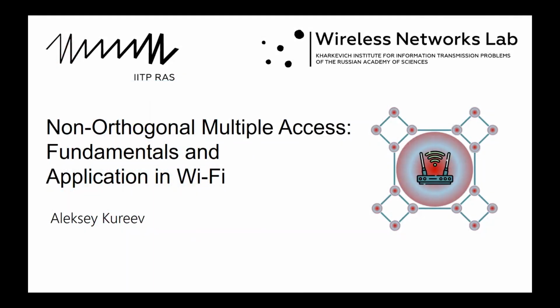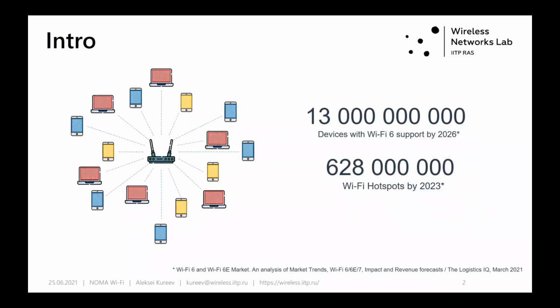Hello, everyone. So, yes, as Vyacheslav said, today I'm going to tell you about non-orthogonal multiple access, its fundamentals and application in Wi-Fi. So why did I choose Wi-Fi networks? Because Wi-Fi networks are rapidly growing, and from year to year, the number of devices connected to Wi-Fi networks grows.